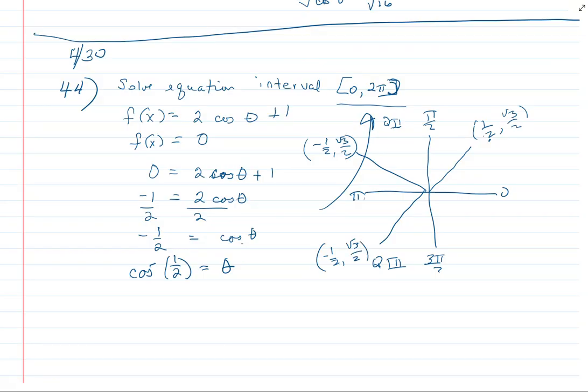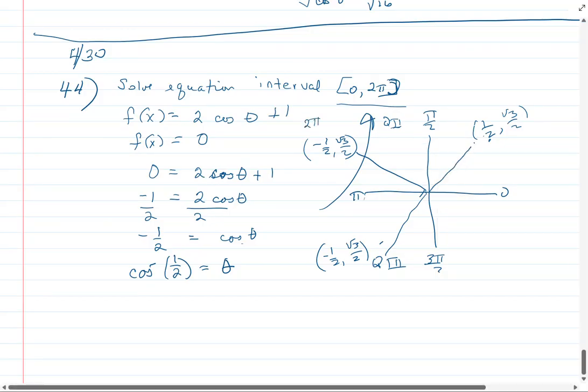I know it looks like 45, but it's not. Sorry about that. We know these values to be, if sine is the larger, right? So what is it? Well, this is pi thirds. This is 2 pi thirds, because we're in quadrant 2.